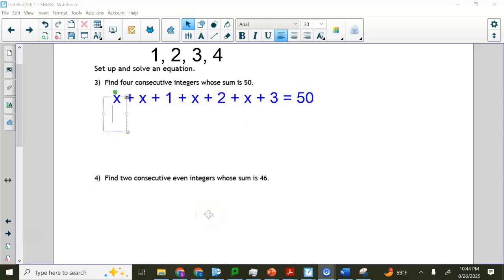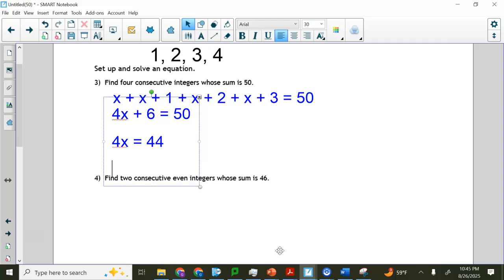All right, so if you add up all the x's, we have 4x plus 1 plus 2 plus 3 would be 6 equals 50. Then we can subtract the 6 and finally divide by 4. 4x equals 44, x equals 11.